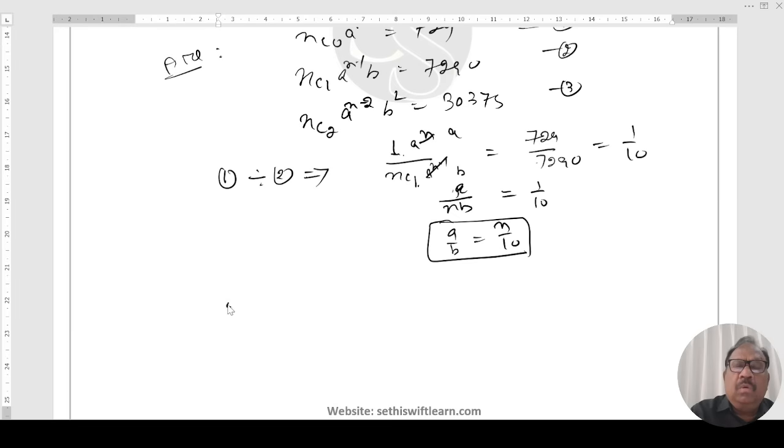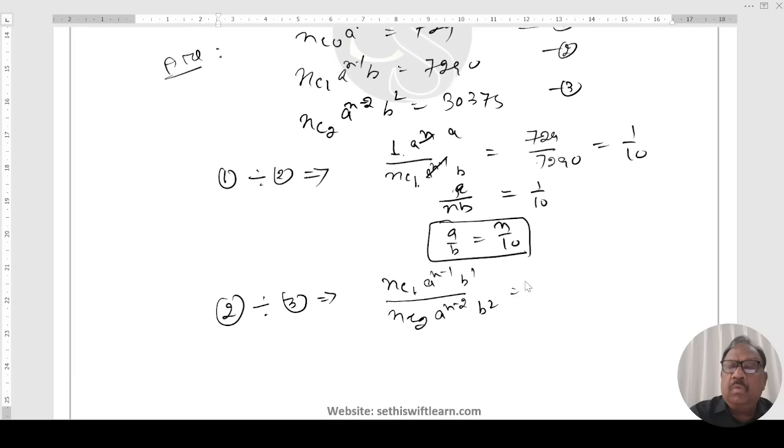Now, 2 divided by 3 means nC1, a to the power n minus 1, b divided by nC2, a to the power n minus 2, b to the power 2, equal to 7290 divided by 30375.